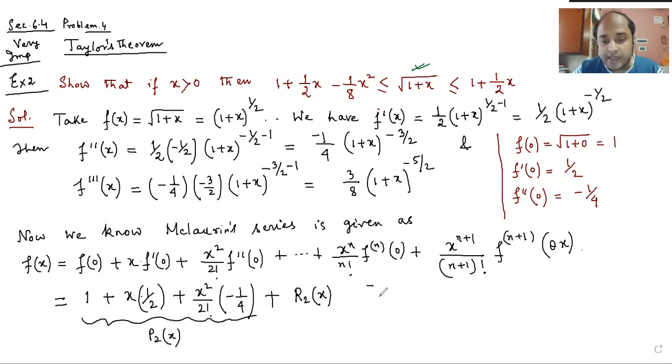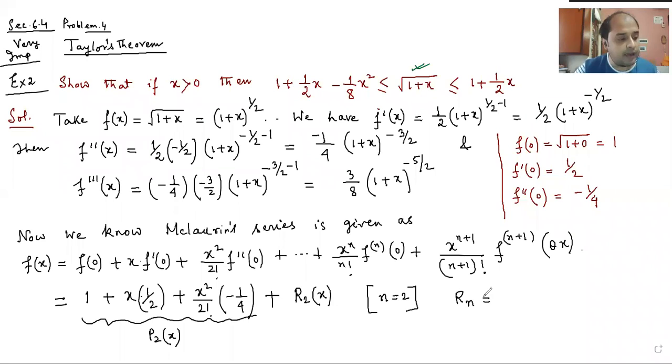Remember, we have considered here n equal to 2, and try to recall the formula you have written when I wrote Taylor's theorem initially. And the remainder term, let me write the formula once again.